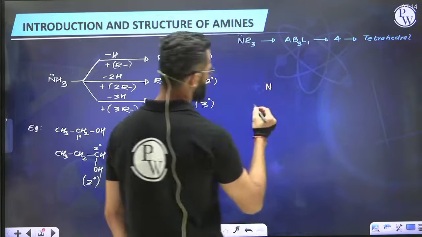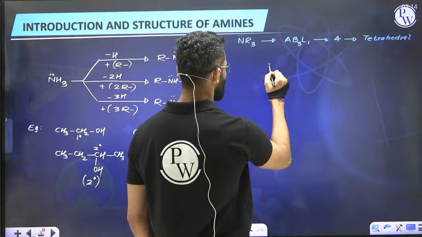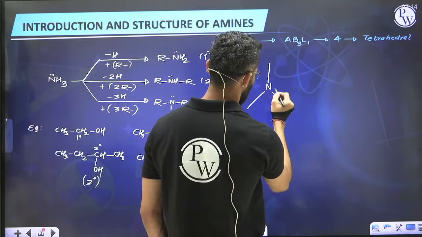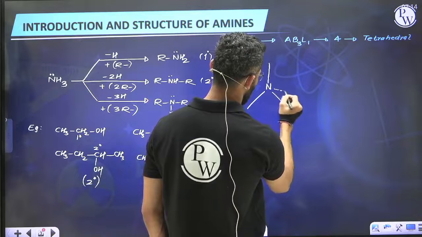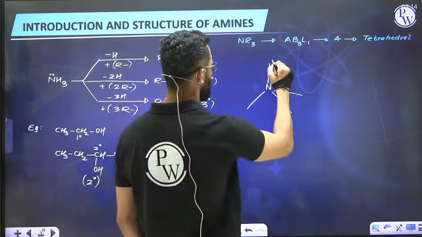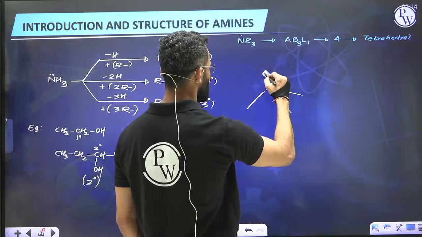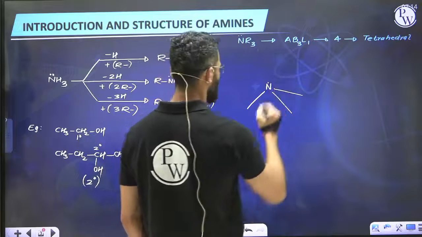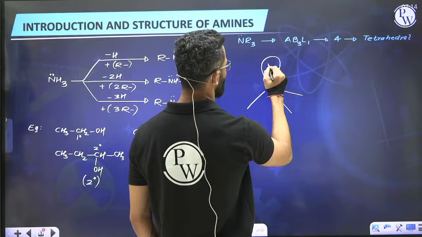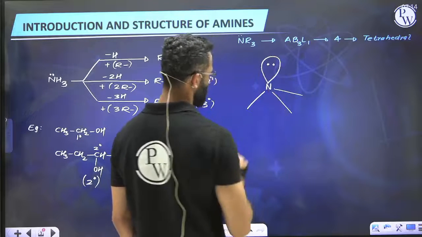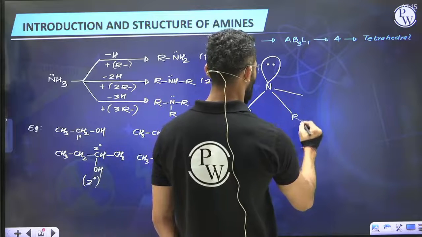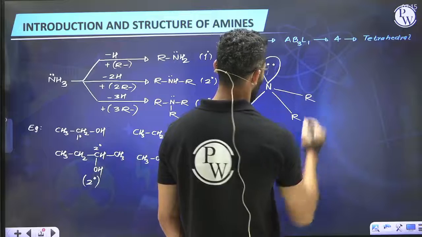Now when you talk about tetrahedral geometry, we first draw 3 bonds, and then this is, let's say, the 4th. However, we know that all are not bond pairs. There is 1 lone pair, so I am now making this a lone pair. Let's call the alkyl groups R, R, and R.